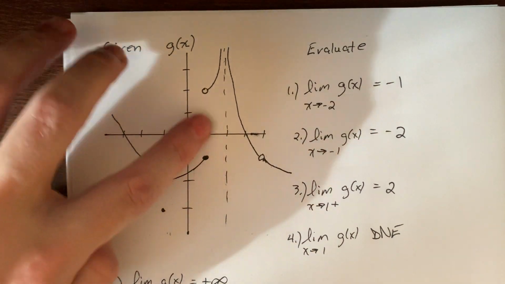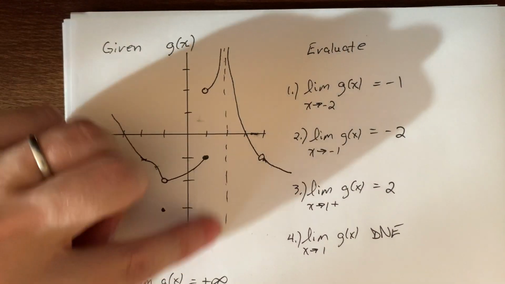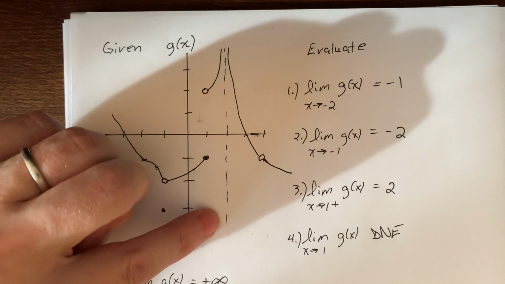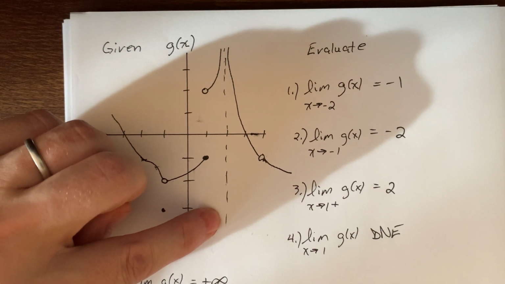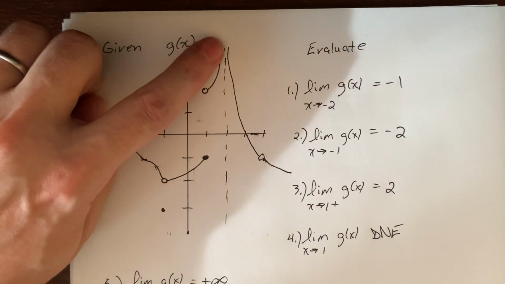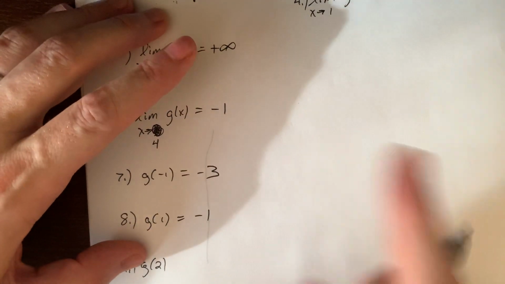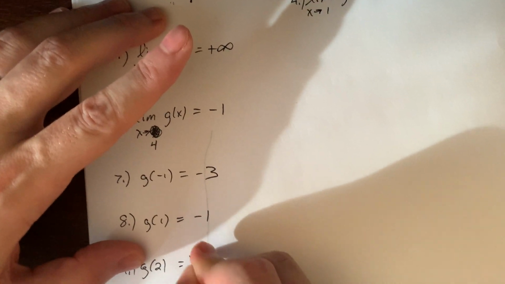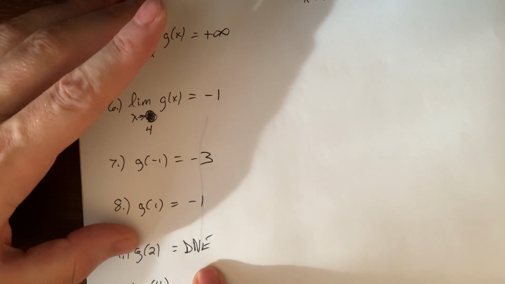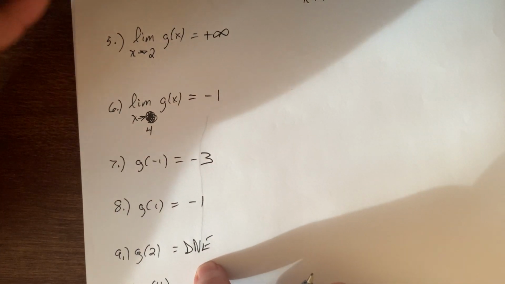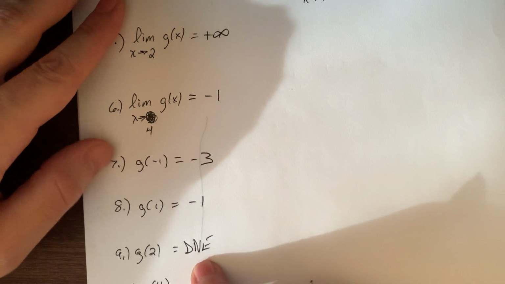This dashed line indicates we've got an asymptote, and the whole point of a vertical asymptote is that it's basically like an impenetrable wall. You can't actually touch that wall, so there is no point on that line. So that is an example where the function value does not exist, or undefined is also okay. I prefer does not exist.